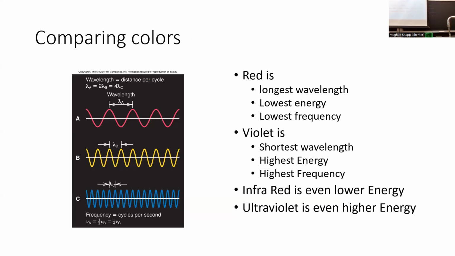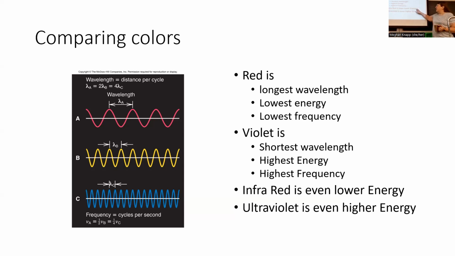We said red is the longest wavelength and the lowest frequency. Energy goes along with frequency. It's kind of hard to see the red there. The lower the frequency, the lower the energy. The higher the frequency, the higher the energy.